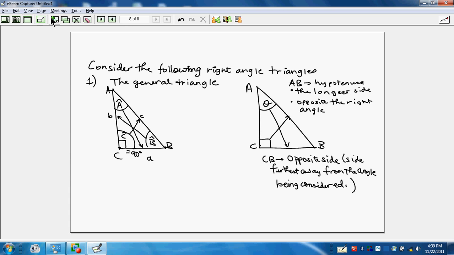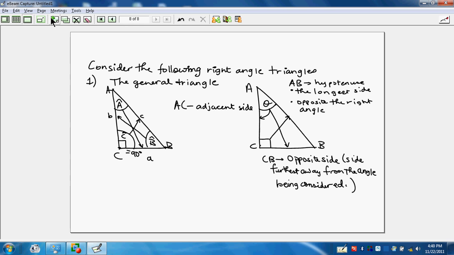And the only remaining side is the side AC, which will be the adjacent side. Right? So we say AC is the adjacent side. And AC will be the side that is the nearest to the angle being considered.